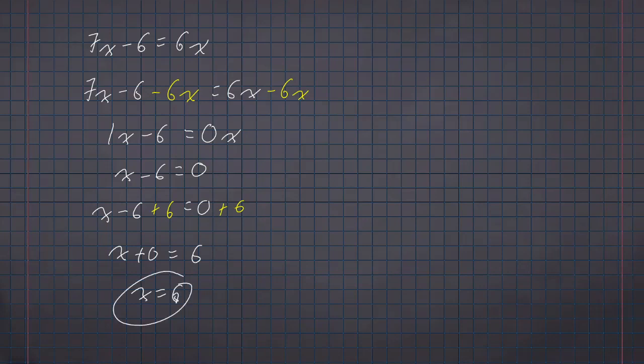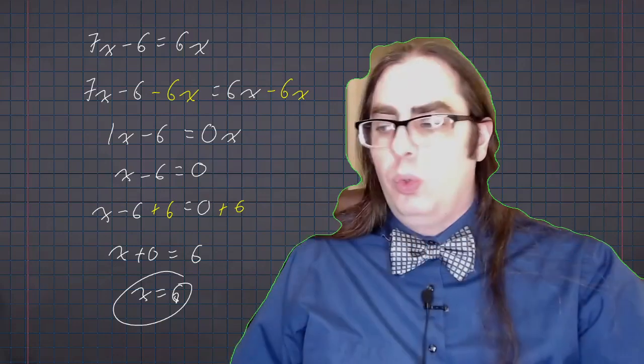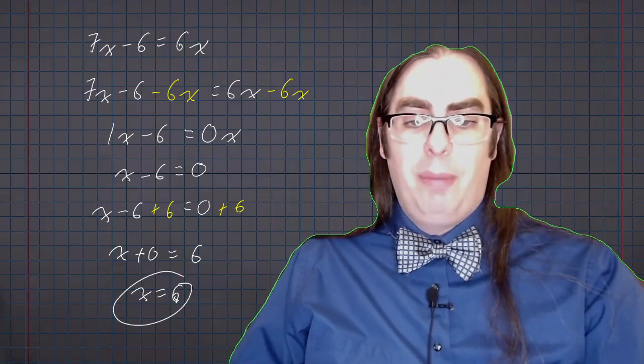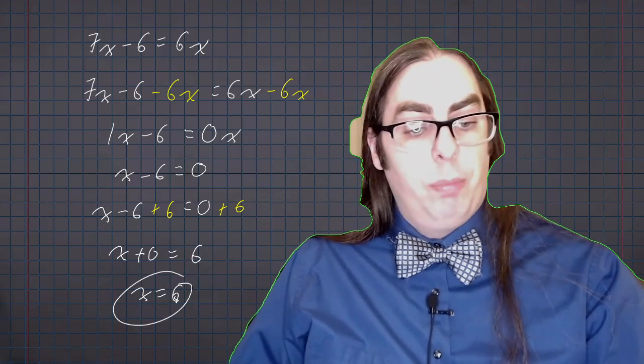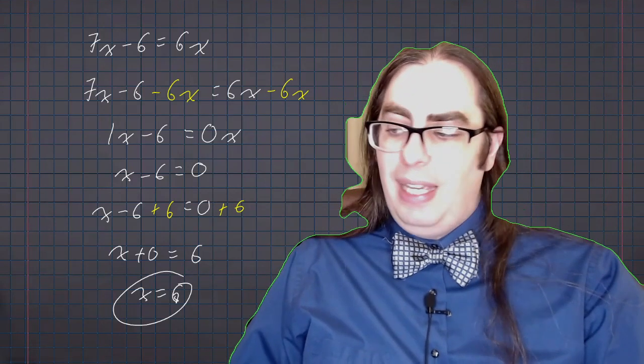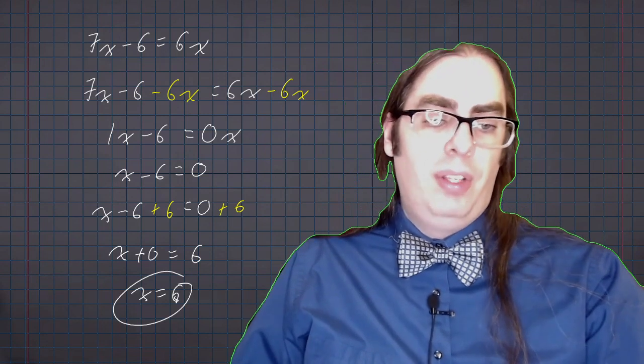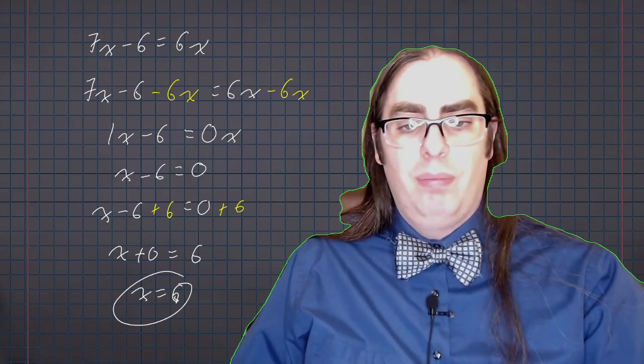All right, so it takes a little bit more doing, but when you have more complicated equations like this, you can still use just those two rules, the addition rule and the multiplication rule, or more formally, the additive property of equality and the multiplicative property of equality. And with just that, you're able to solve these equations.